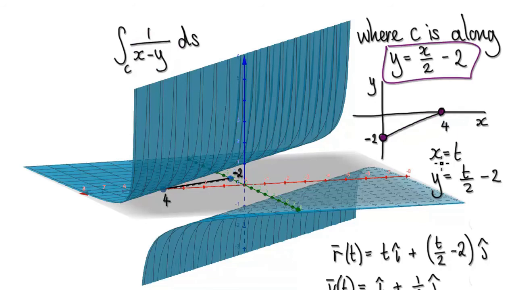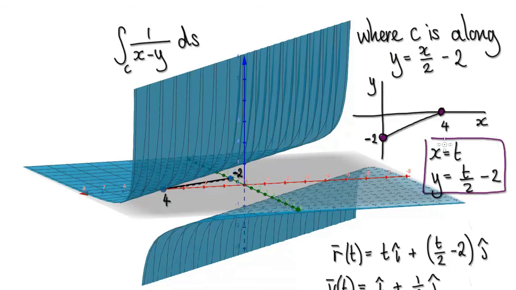If you make x to be t, then as t ticks away, the y value will be given by this. So your parametric equations will be given by this. What that means is you can drive the particle as time ticks away, along here.